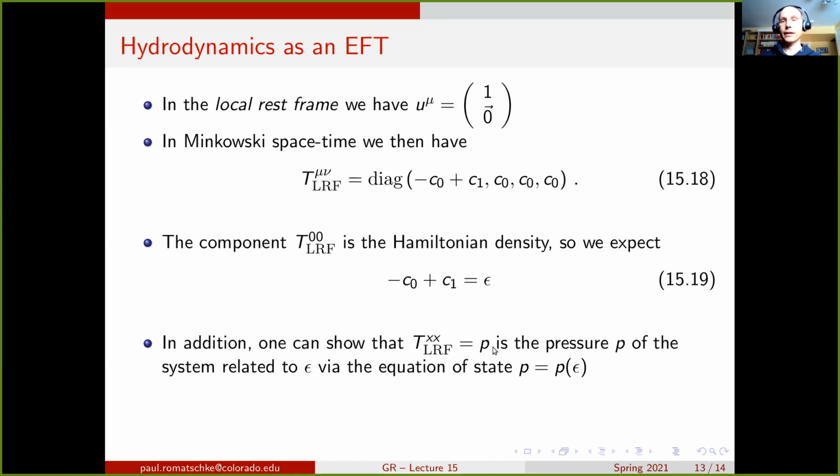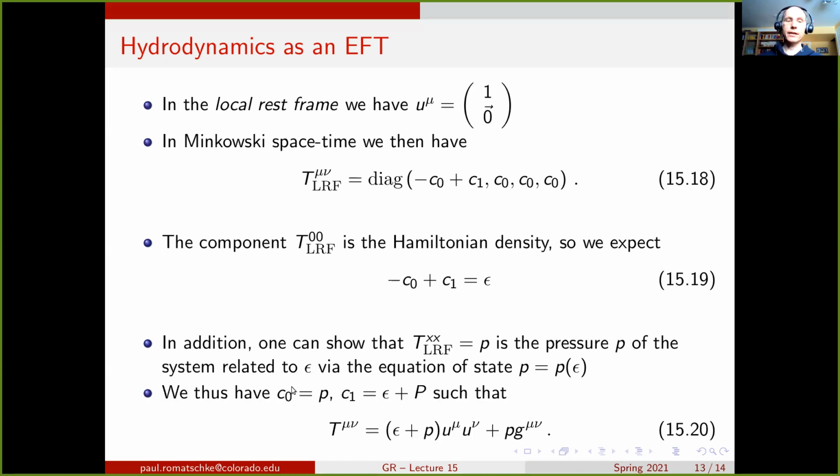So that is the second relation that we need, because then we can figure out that this function C0 is just the pressure P, and the pressure P, of course, is related to the energy density epsilon via the so-called equation of state. So P is a function of epsilon, and the equation of state is something that can be calculated for any statistical mechanics system.